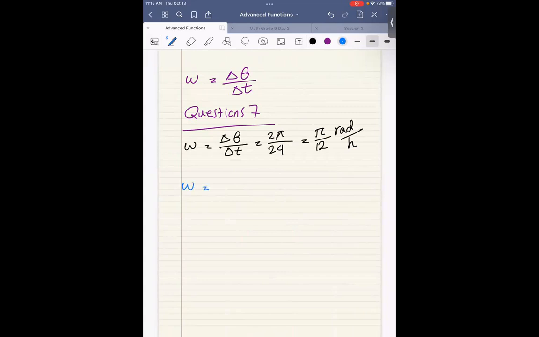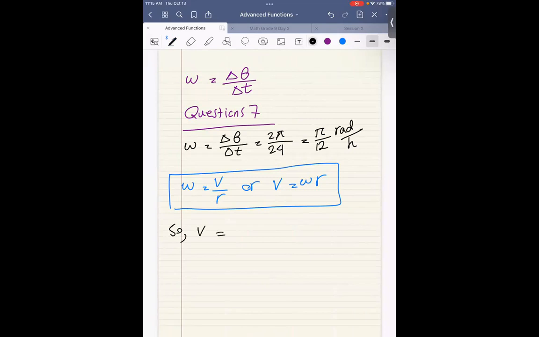Omega is equal to V divided by R, or you can say that V is equal to omega times R. So the linear velocity of the surface of the Earth is omega times the radius of the Earth.